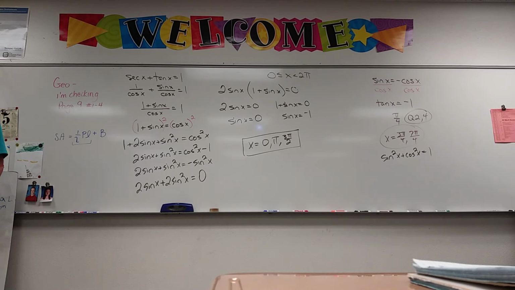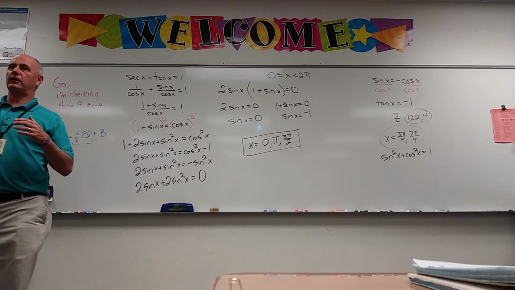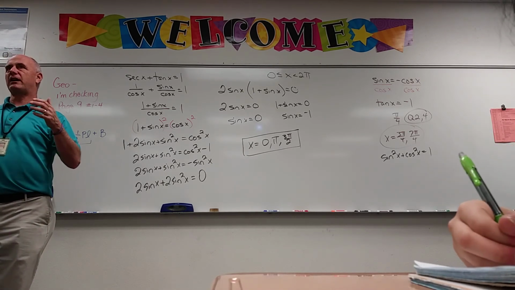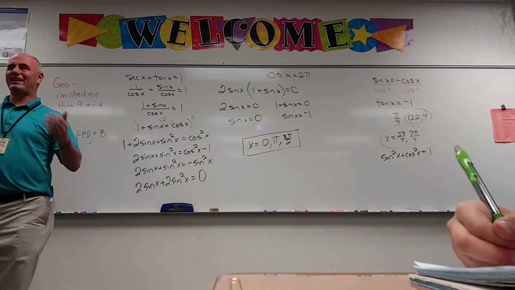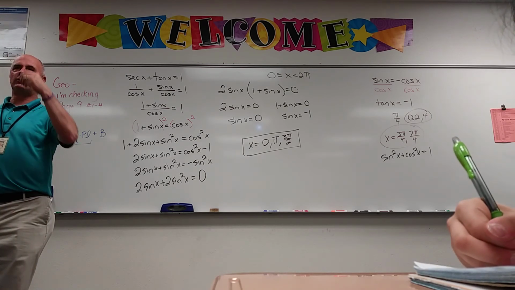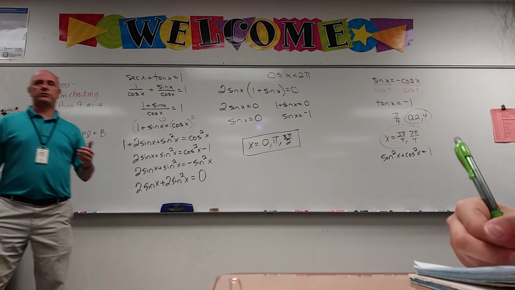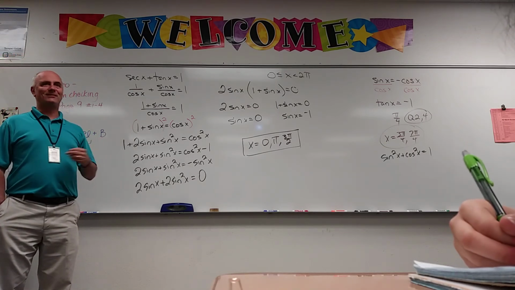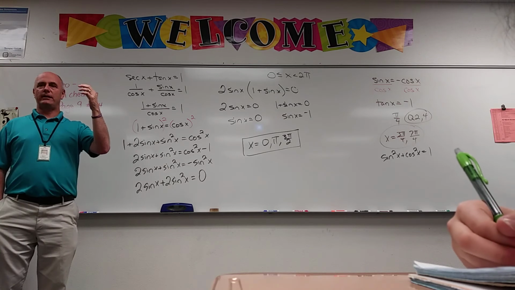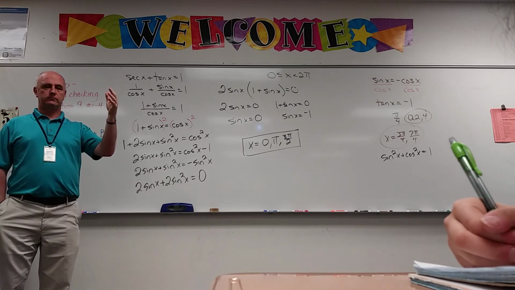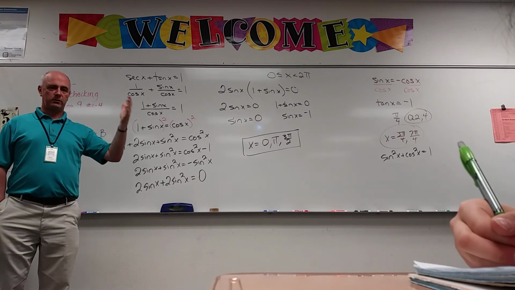Because when you take the square root of both sides, you might be losing answers. When you square both sides, you have the potential of gaining answers that are, what was the word? Extraneous.